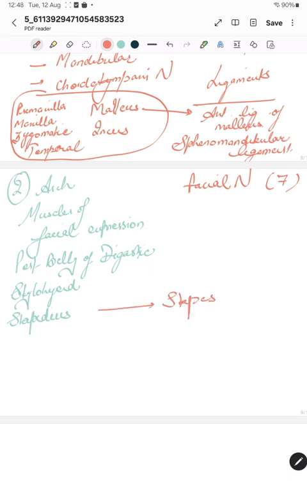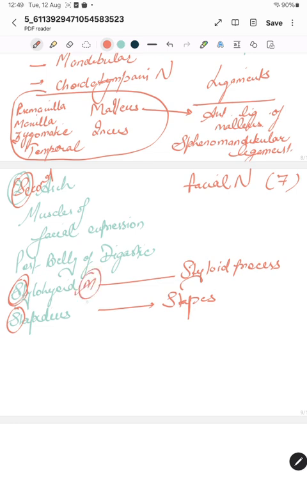Then we have the stapes and styloid process. Remember, second arch, S: styloid process, stapedius, stylohyoid muscle, and stylohyoid ligament.